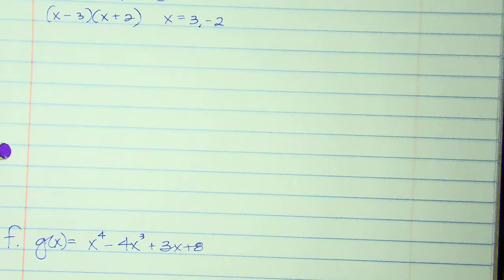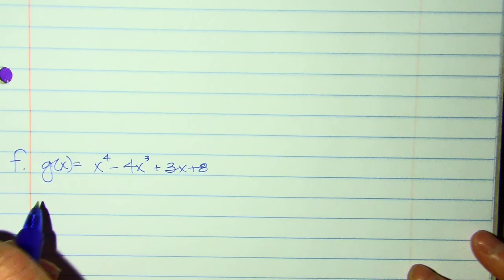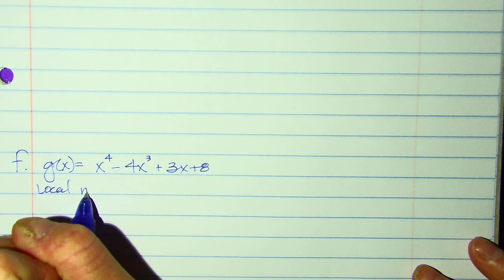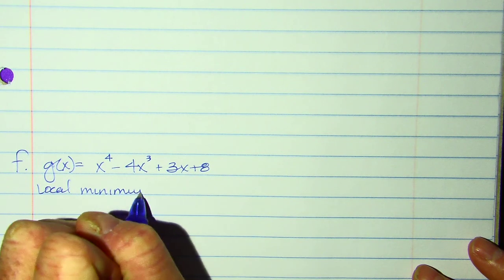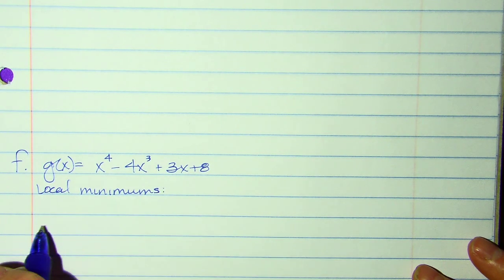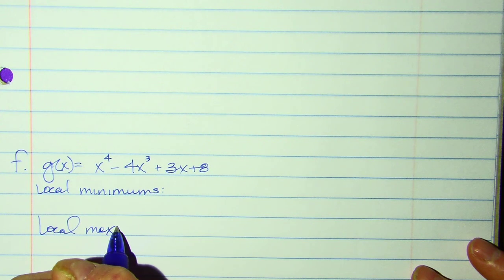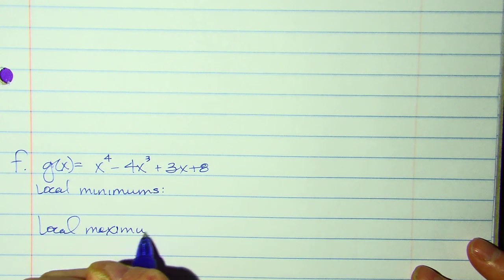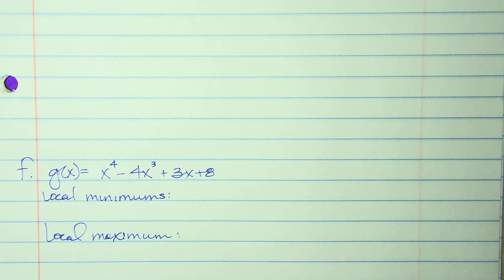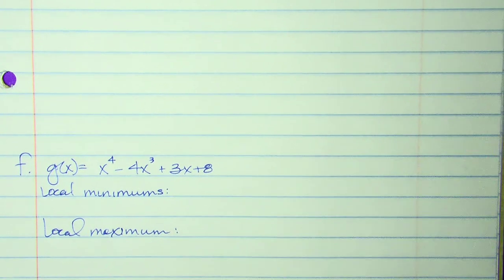And it told us to find our local minimums and a local maximum. Now the word local just really means that there could be more than one.